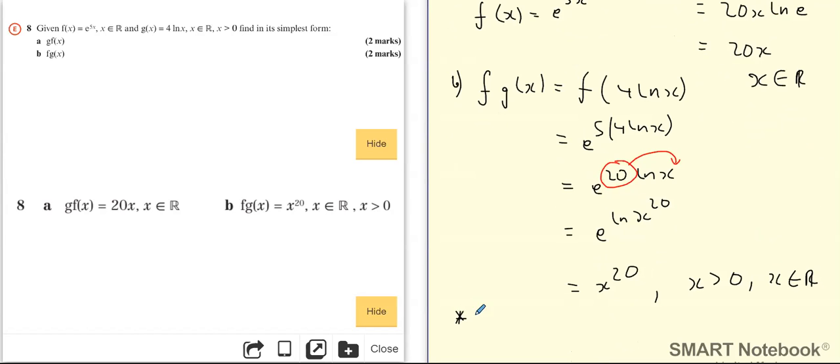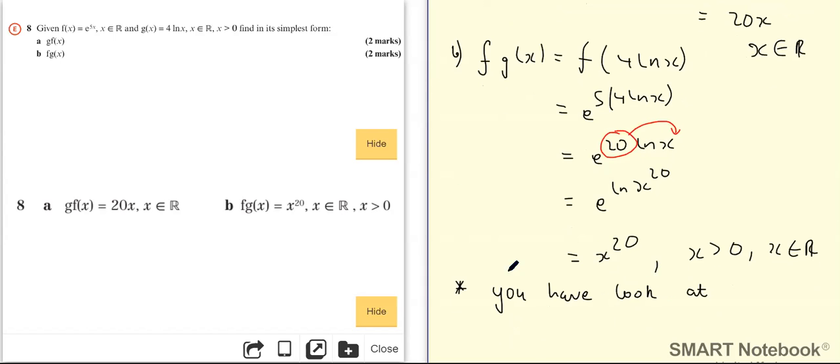So the key thing to take away from this is you have to look at essentially the function inside the brackets, domain of inside brackets.